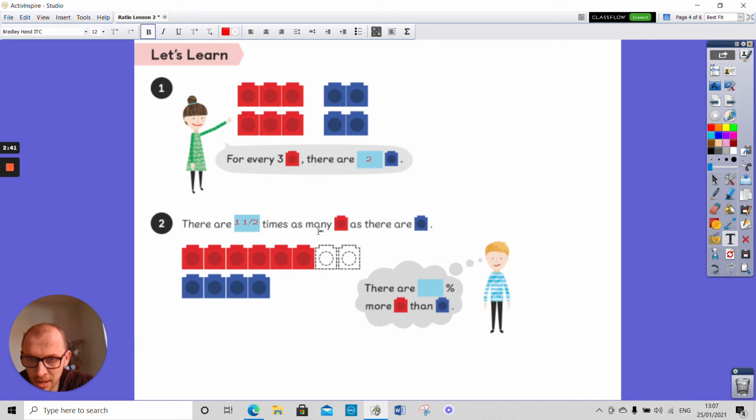So there are 1.5 as many red cubes as there are blue cubes because 4 times 1.5 is 6. Okay, so it says there are how many percent more red than blue? Well, if we look here, we've got 4 and 6. Well, half of 4 is 2, so it's 50%. Okay?